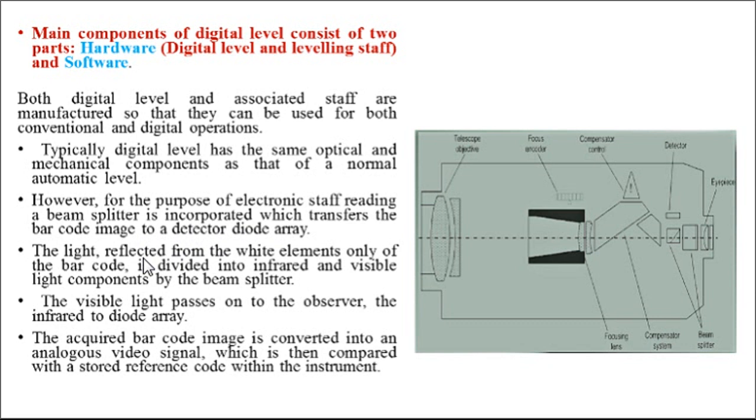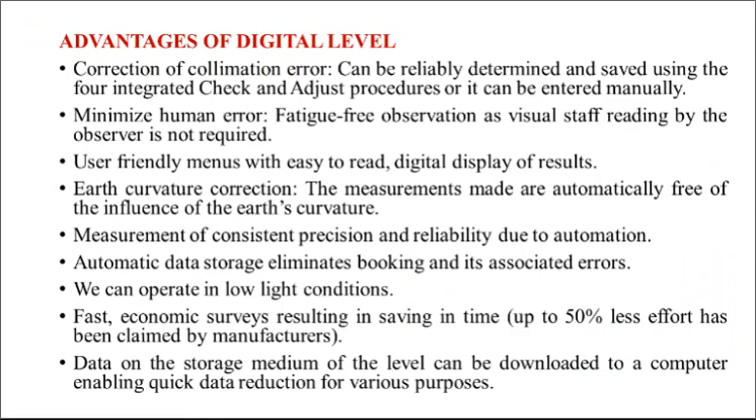The light reflected from the white element only of the barcode is divided into infrared and visible light components by the beam splitter. The visible light passes on to the observer, the infrared to the diode array. The required barcode image is converted into analogue video signals, which are then compared with the stored reference code within the instrument memory. Next slide.